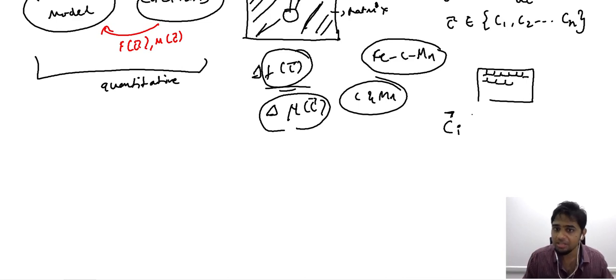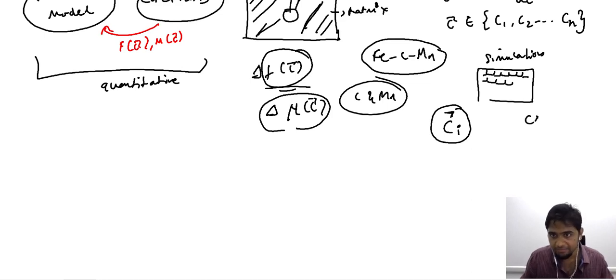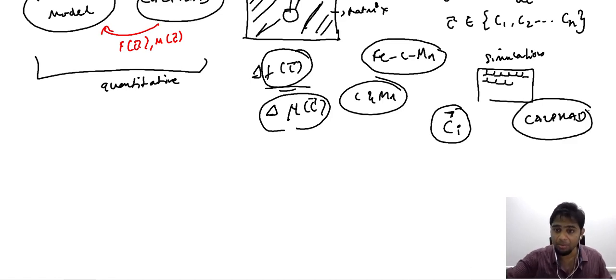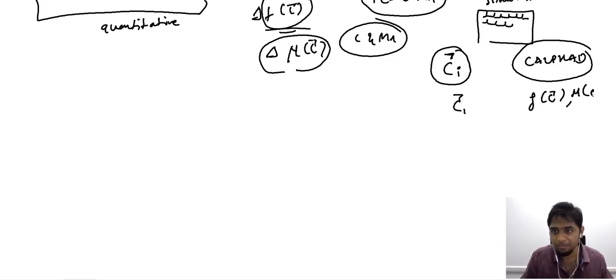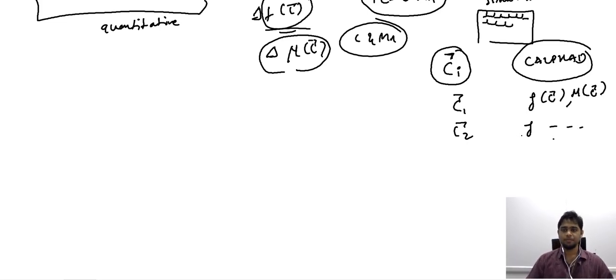So what we are doing is feeding in the concentration of a specific cell, of a specific discretized unit in the simulation domain, into the CalFAD, and we are estimating the appropriate free energies and the chemical potential. So for cell 1, we are able to generate appropriate free energies and chemical potential. For cell 2, we are able to generate the same, and so on and so forth.